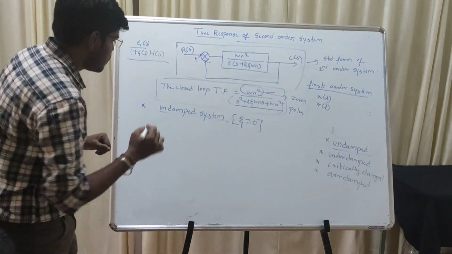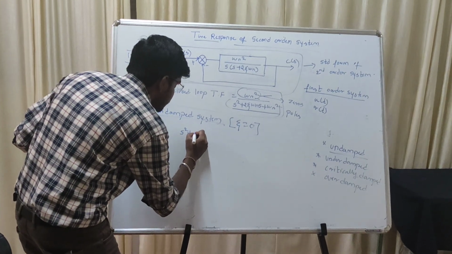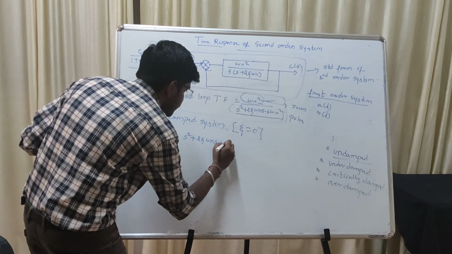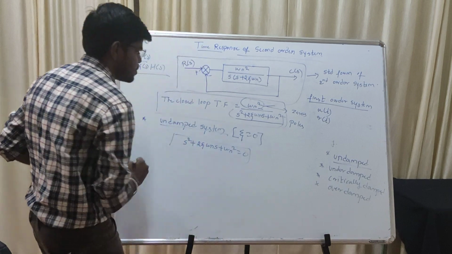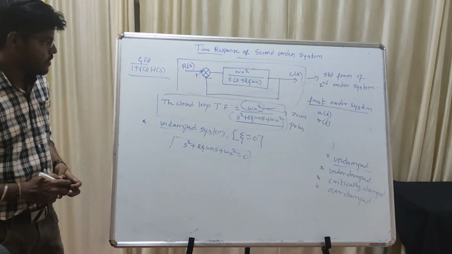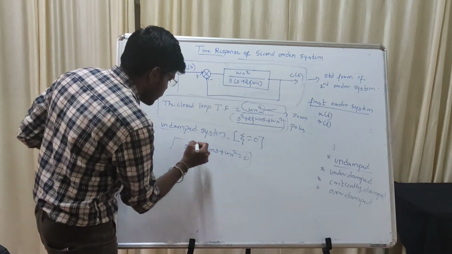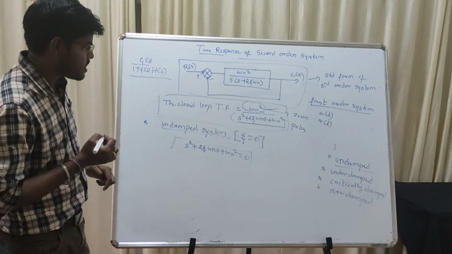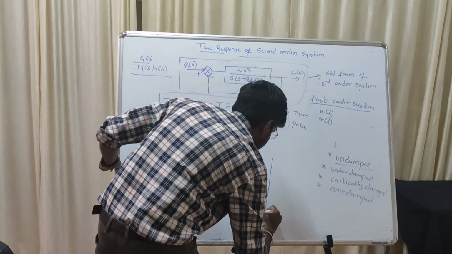Once you equate the denominator polynomial to zero, it is s square plus 2 zeta omega n into s plus omega n square equals 0. This itself is the characteristic equation of the second order system. For the undamped system, let us substitute zeta equals 0. Then the poles, or the roots of this characteristic equation, are purely imaginary. Let's sketch the poles here.